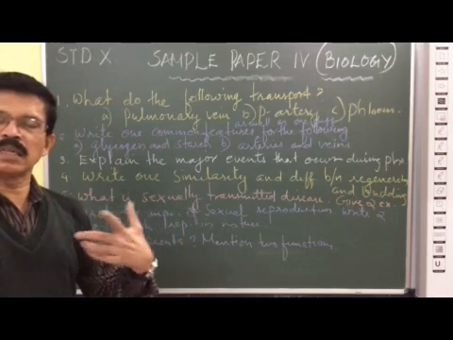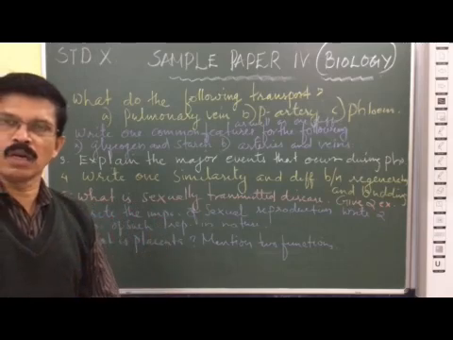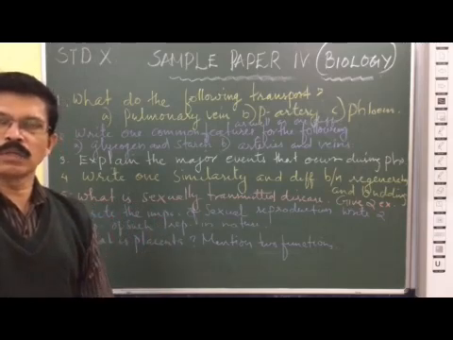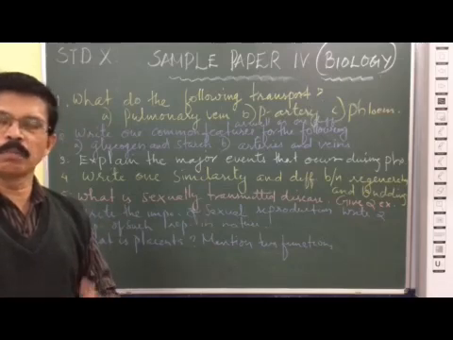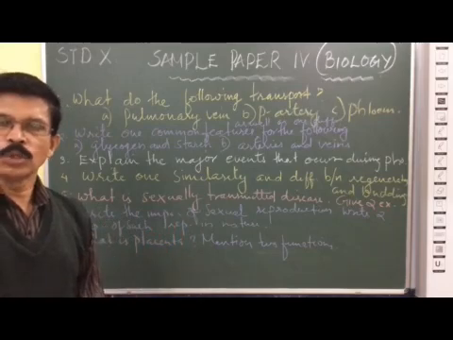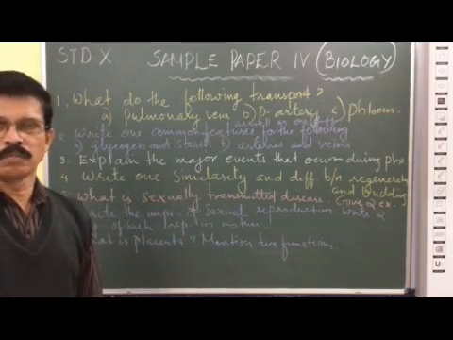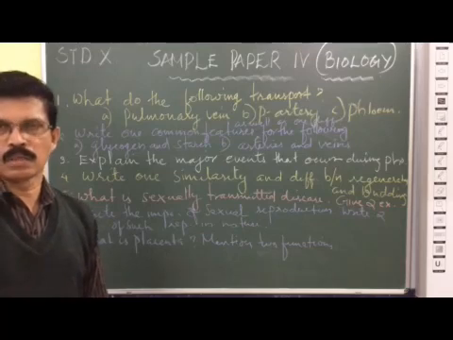In the lungs, the blood is oxygenated: carbon dioxide is diffused out of the blood into the lungs and oxygen diffused into the blood, so that the blood is purified. That purified blood is carried by the pulmonary vein to the left atrium. So this circulation we call pulmonary circulation.